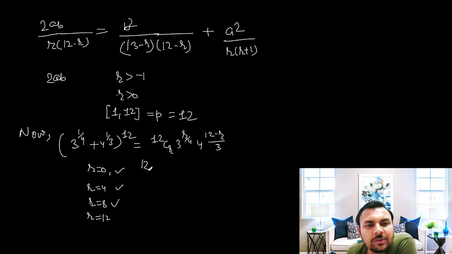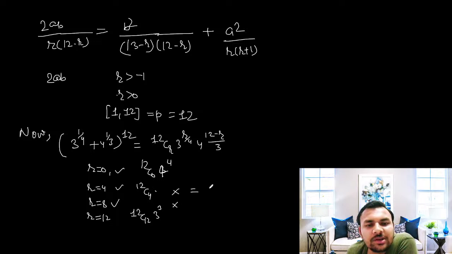So it is 12C0, 3 to the power 0, 4 to the power 4; 12C4; 8 by 3, not possible; 8, not possible; 12 is possible, 12C12, 3 to the power 3.